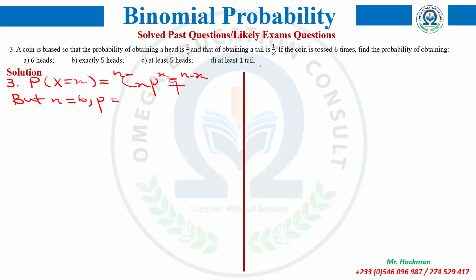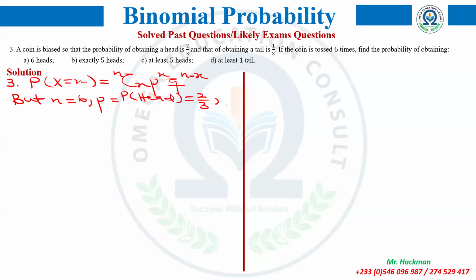Look at the question. Let the question always guide you. Which outcome? Head again. So it will be P, the probability of obtaining a head, will be equal to, here we are told, 2 on 3.